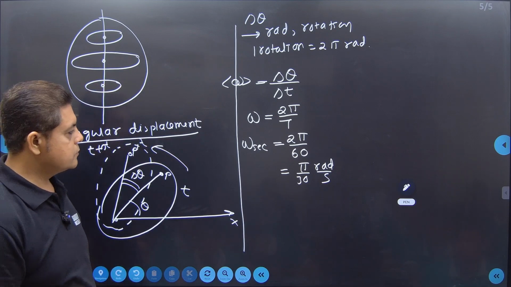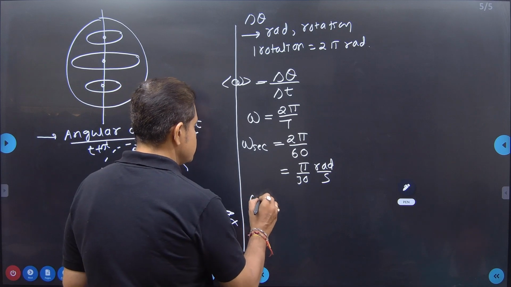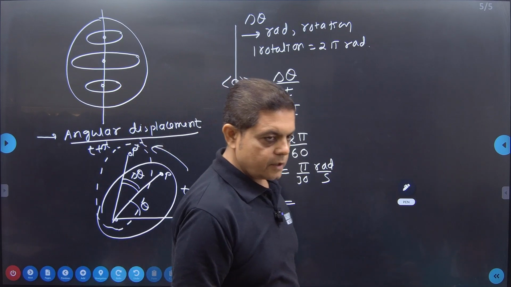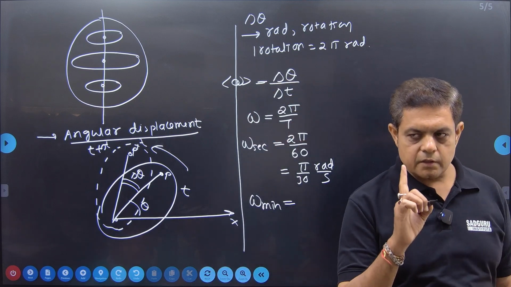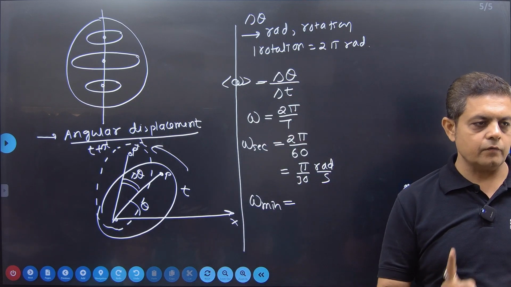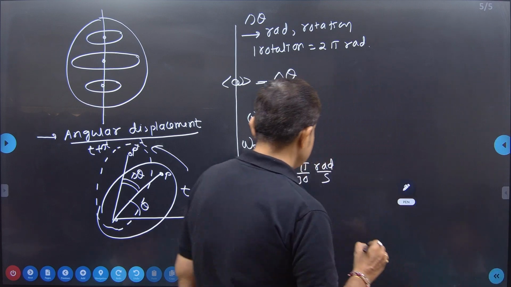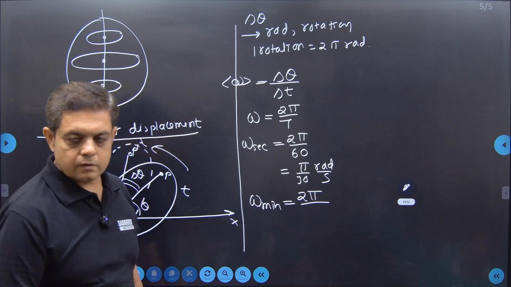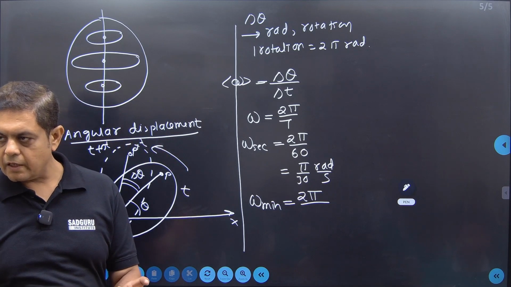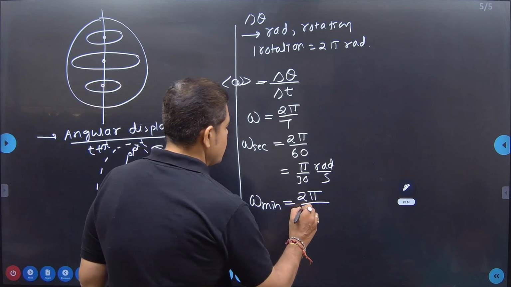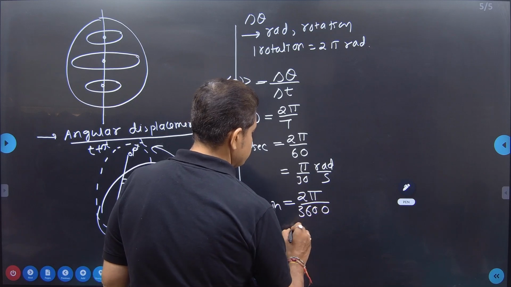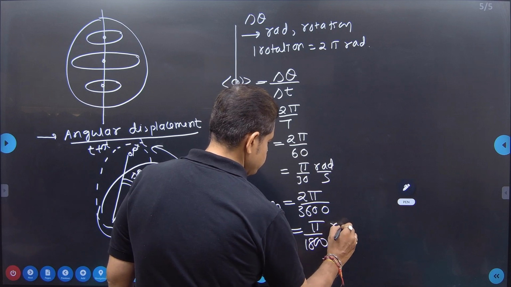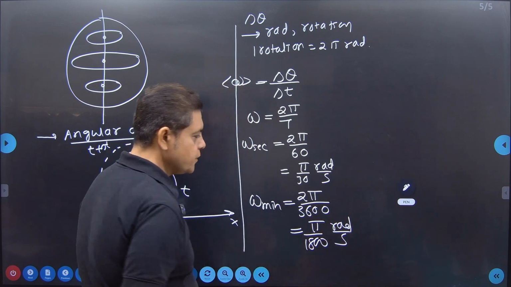Then if I consider the minute needle, it takes 1 hour, that is 3600 seconds, for one complete rotation. So delta theta is 2 pi radian, and the corresponding time interval delta t is 3600 seconds. That is pi by 1800 radian per second.